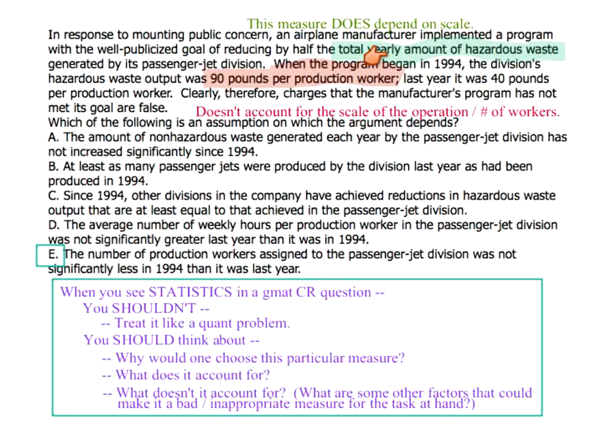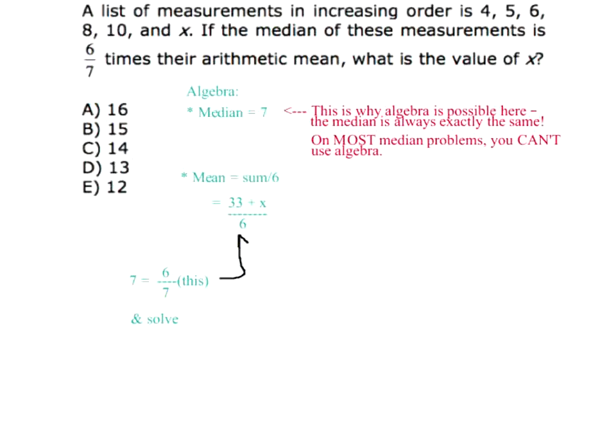Okay, Sarah, we actually can't do the algebra for that problem at this point. That would be an awkward transition, and we're out of time. The algebra is just here, on this problem right there. You just wind up with 7 equals 6/7 times that fraction.